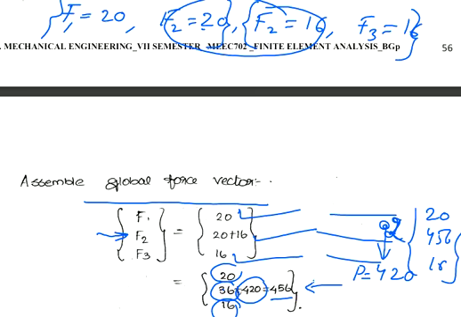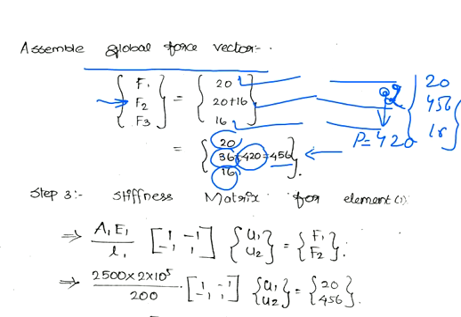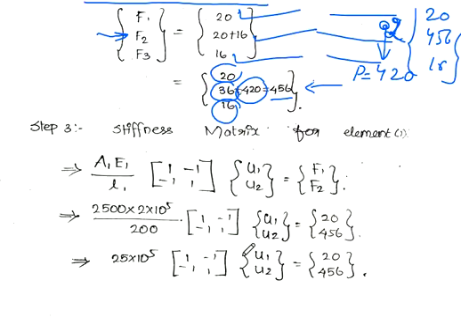Okay. After calculating the force vector, the remaining procedure will be the same. Just follow the same procedure which I explained in many of the videos. Okay, so the remaining procedure you can just check out. I will just move on. You just cross check the values which will be substituted here.